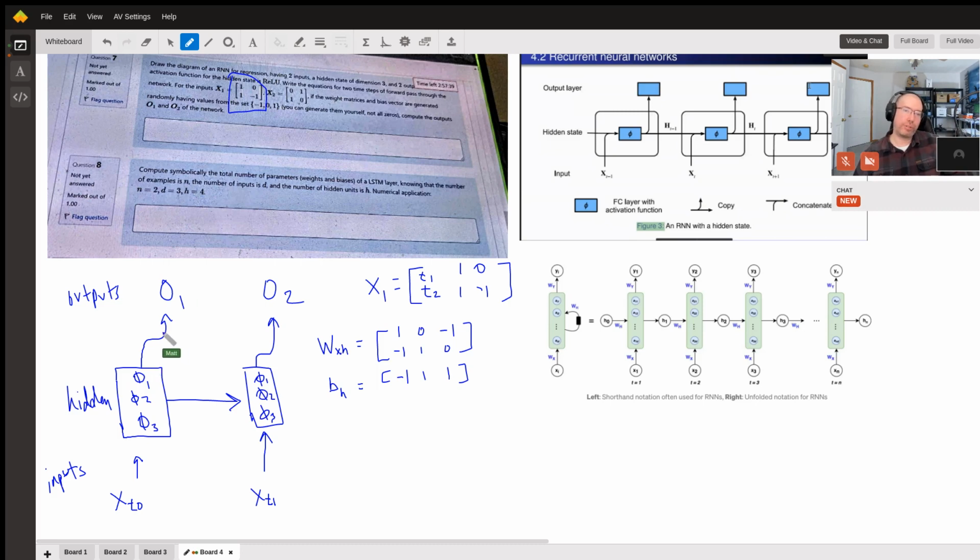There's so much guessing what they want you to do, unless they don't want any further processing, because they say weight matrices and bias vector.